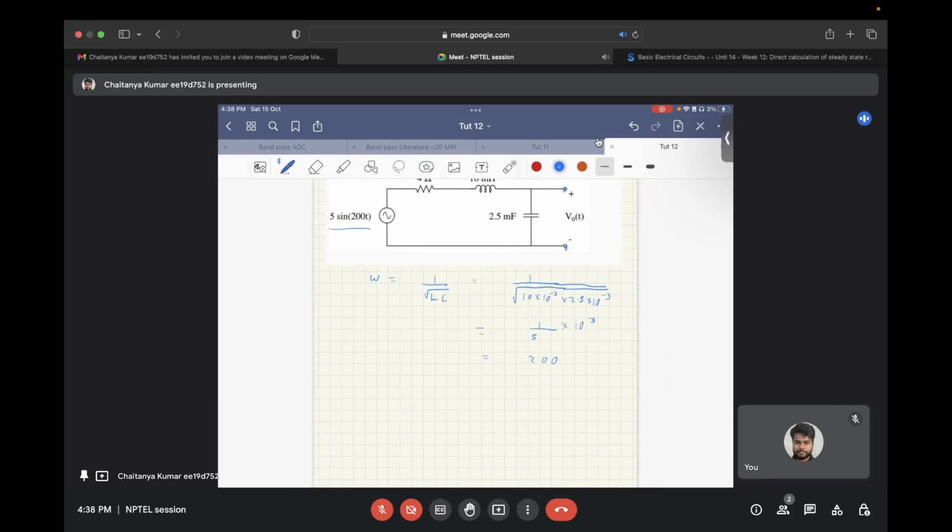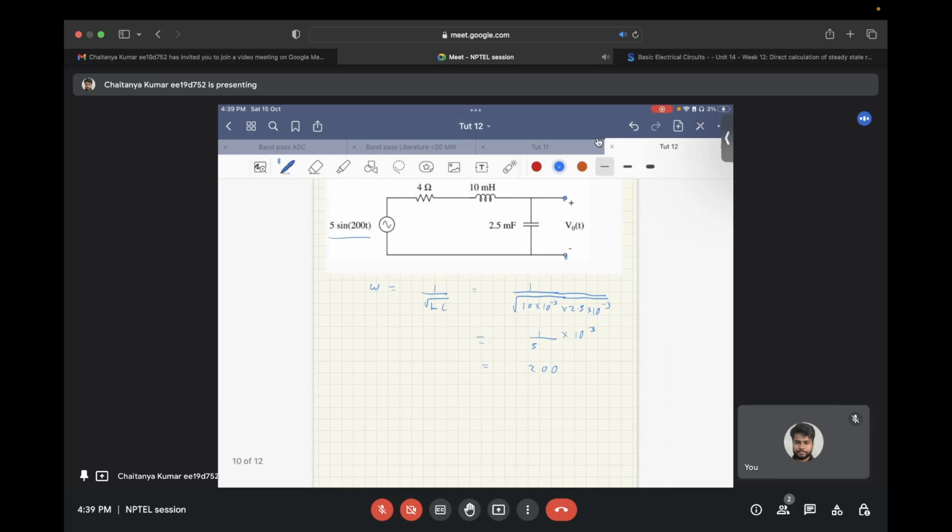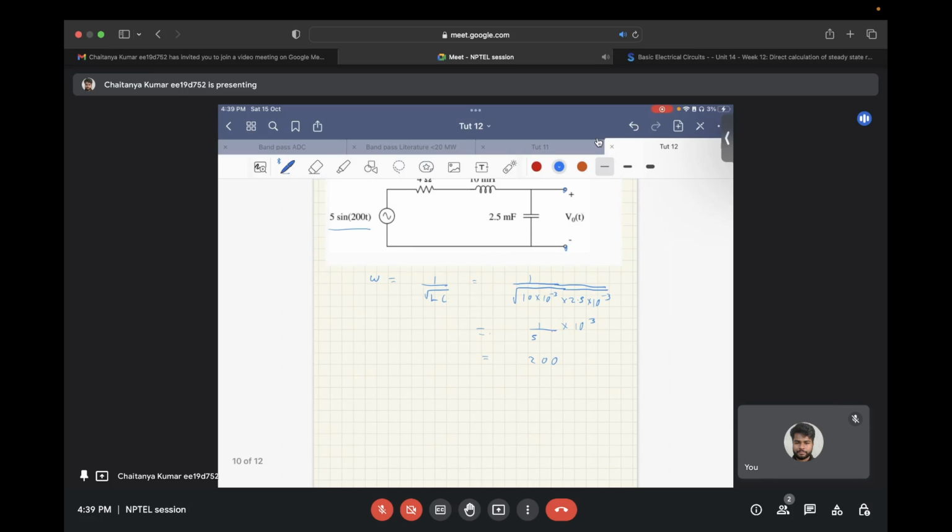So in this case, what would happen? The transfer function from input to output will be the standard second order low pass transfer function, that is 1 upon minus omega squared LC plus j omega RC plus 1, that is equal to Vo by Vin.